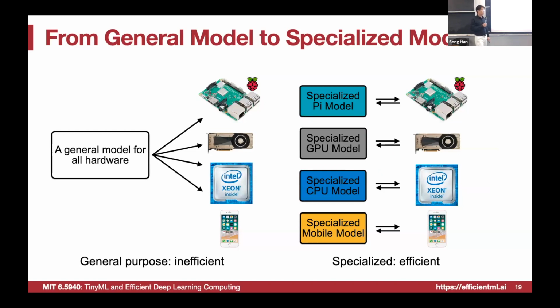For example, ideally we can assume a good model that can fit different hardware platforms. If it's a general purpose model, it might be inefficient because different hardware platforms prefer different kinds of computing. Like GPU has pretty large parallelism.